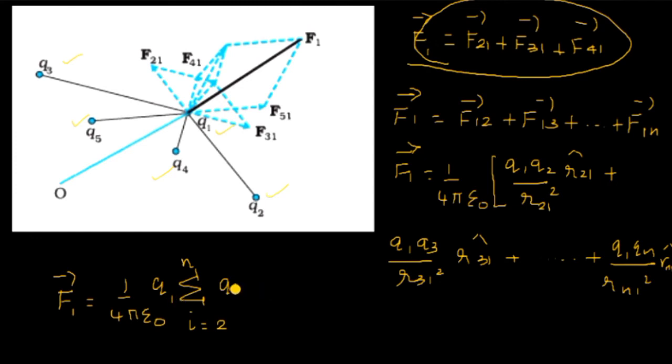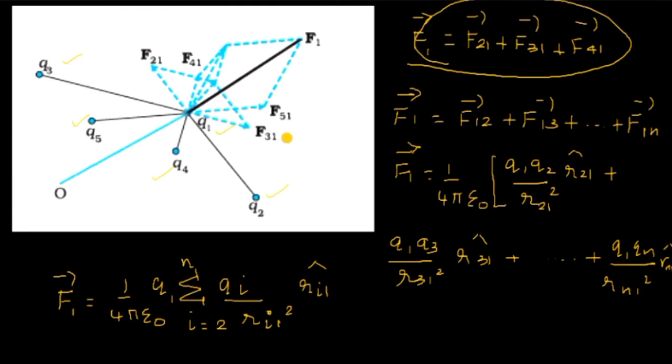So q1 into qi. If you put i equal to 2, you will get q1 q2, divided by ri1 square, then ri1 cap, right? So this is the general way, by superposition principle, to calculate the resultant force acting on the charge q1 by the presence of other charges in our system.